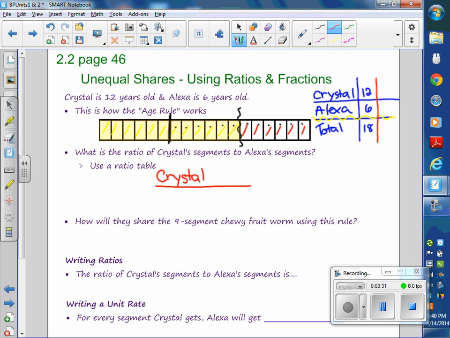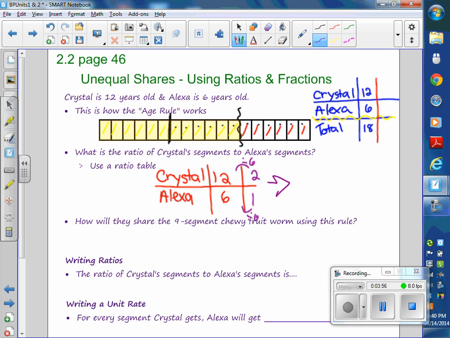So Crystal has 12 parts, and Alexa has 6 parts because those are their ages. So I'm going to use the ratio table and divide by a common factor like 6. And I get 12 divided by 6 is 2. 6 divided by 6 is 1.